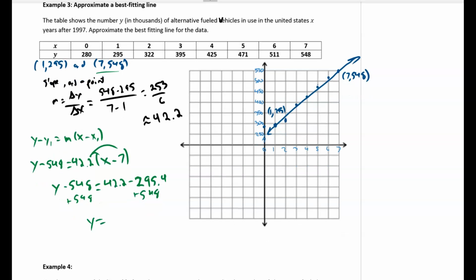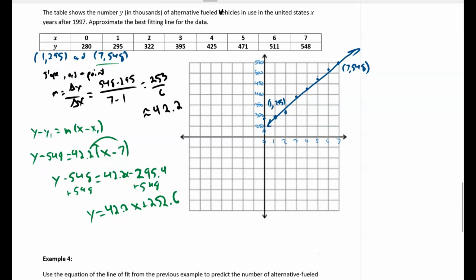You're going to get y equals, oh my goodness, I forgot the x here, 42.2x, it's going to equal 42 and 2/10x plus 252.6. I now have a function that represents this data table where, for any given x value, remember x represents the years since 1997, I can find approximately how many alternatively fueled vehicles there were in that year.